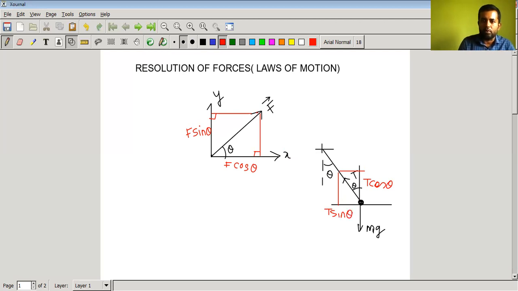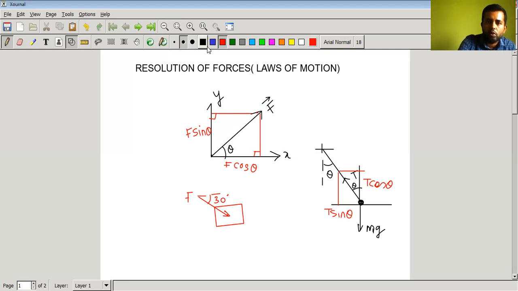Fine. Now let us say that we have a block here in the next example, and it is acted on by a force in this direction, let us say F, and this is making an angle theta, let us say 30 degrees, with the horizontal. So what will be the components of the force?